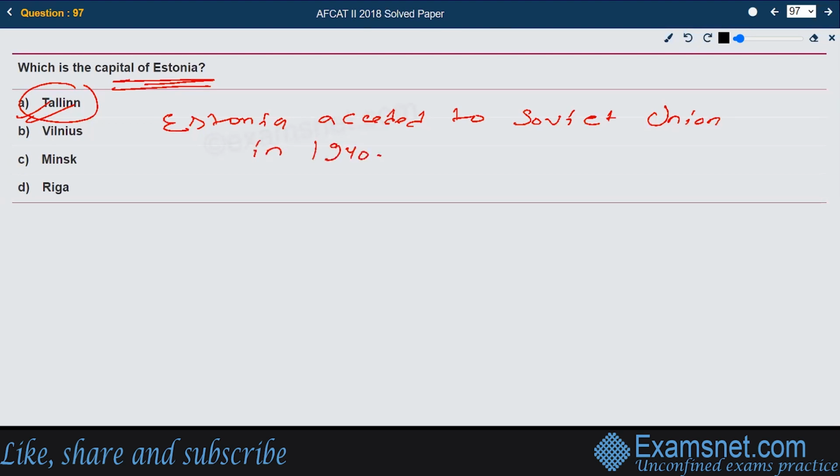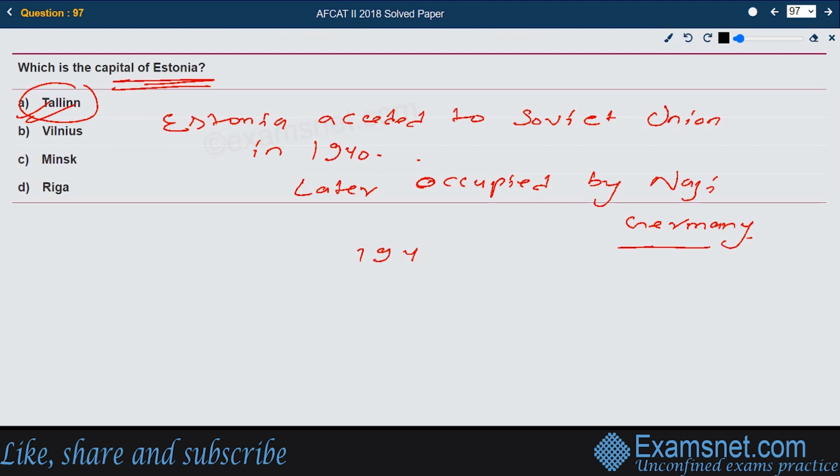Later, the same country, Estonia, was occupied by Nazi Germany from 1941 to 1944. So this is the brief history of the country called Estonia. That is the right answer. The right answer is A, Tallinn.